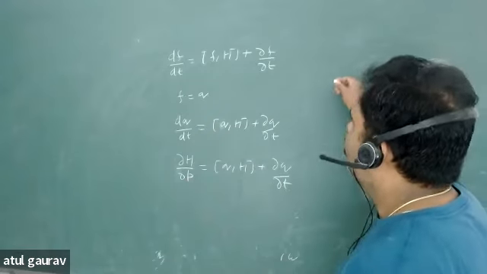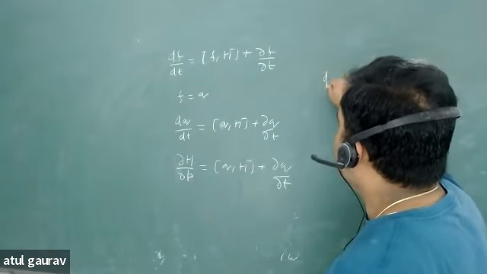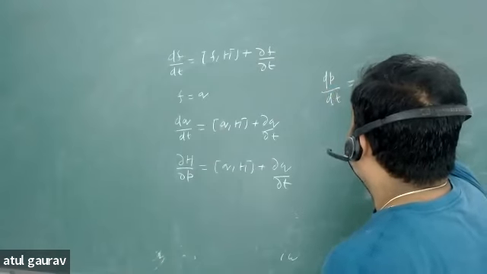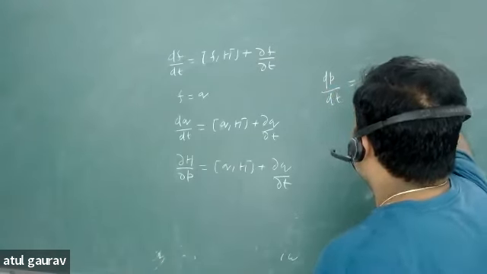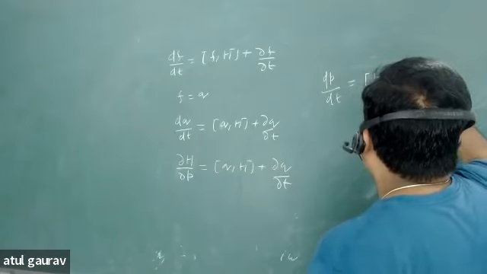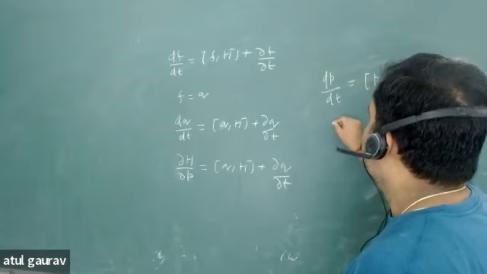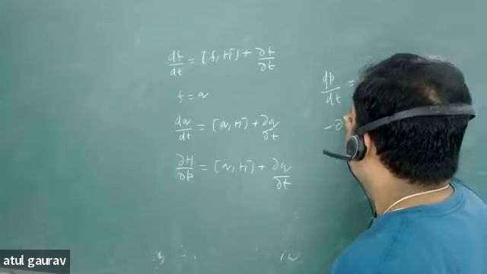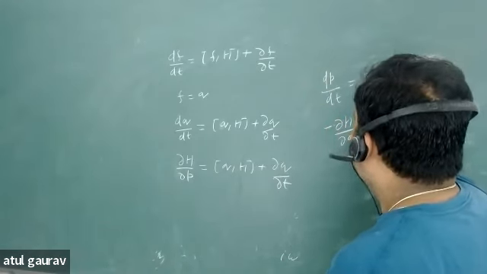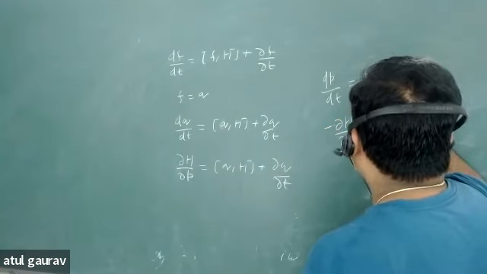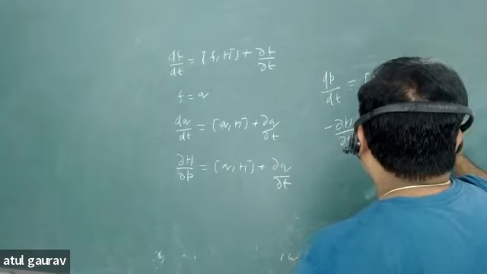Yes, sir. Similarly, we can go for dp/dt = {p, H} + ∂p/∂t. And what is dp/dt? Minus ∂H/∂q = {p, H} + ∂p/∂t.